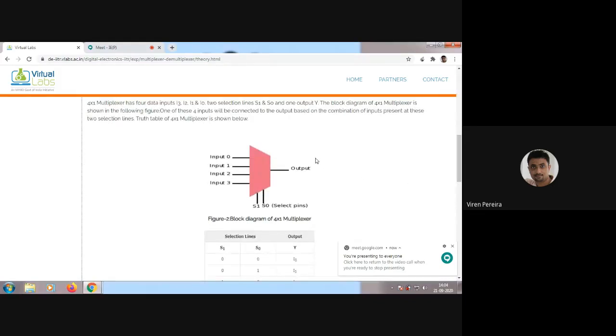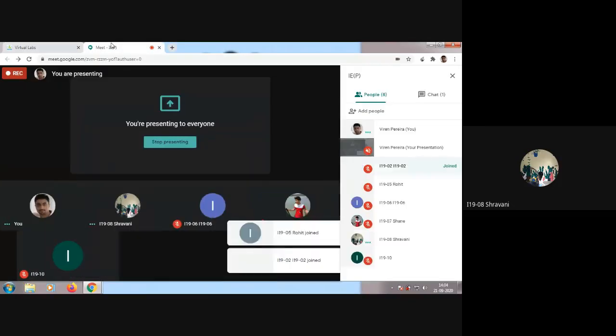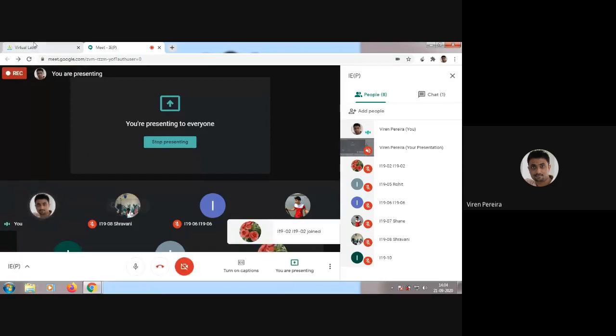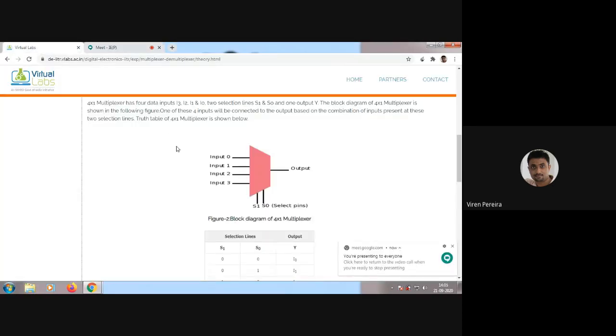Now this is the block diagram of a multiplexer. Say you have a controller. You all can hear me, right? I'm audible now? Yes, sir. Okay, cool. So I'll tell you what is basically a multiplexer.